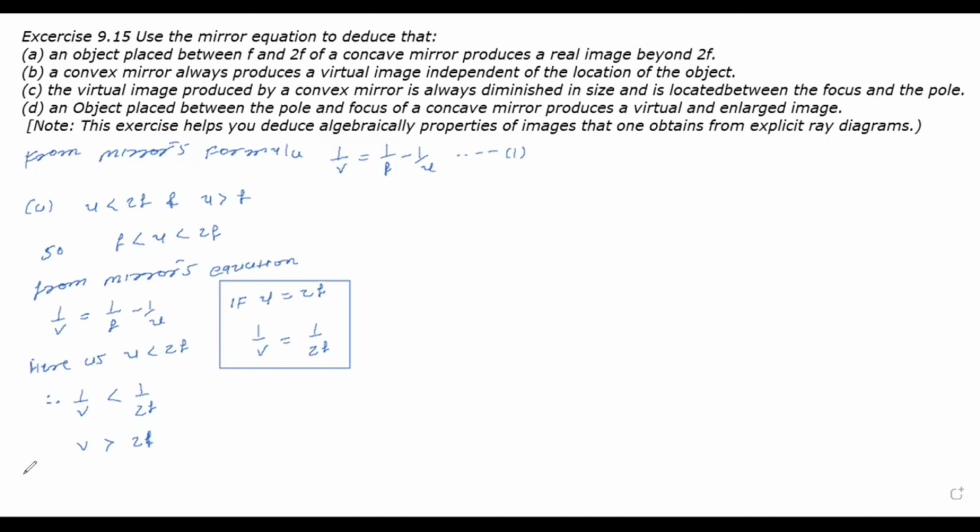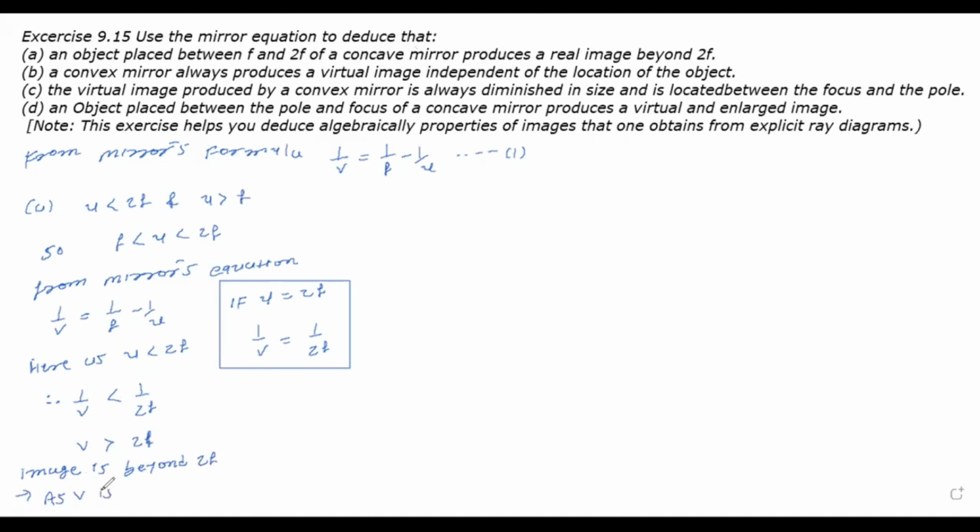So here we can say the image is beyond 2f. And we know that we have a concave mirror, so image distance v must be negative.